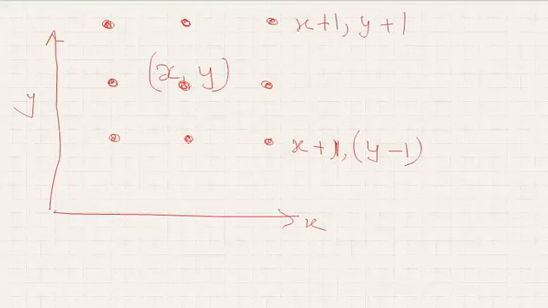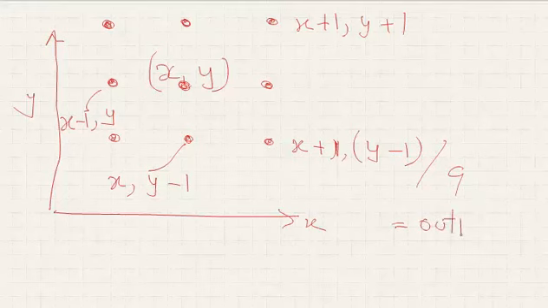And this is x minus 1 and y. And this is x, y minus 1. So we have 9. You take all these pixels, divide by 9, you get the output value. And that's what goes in the output. Okay?